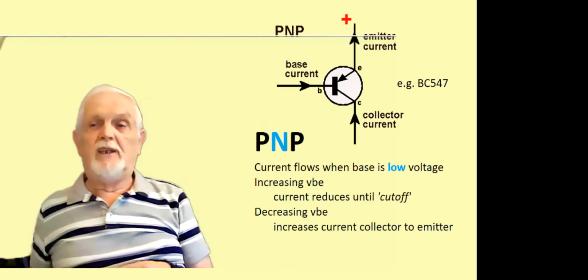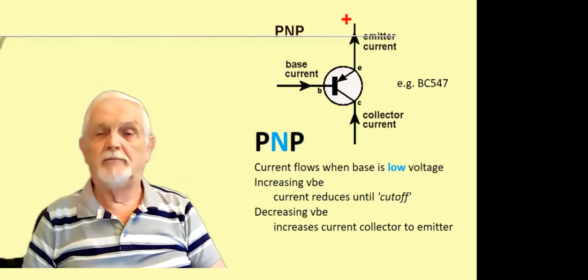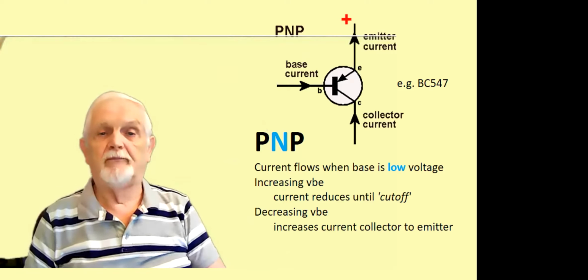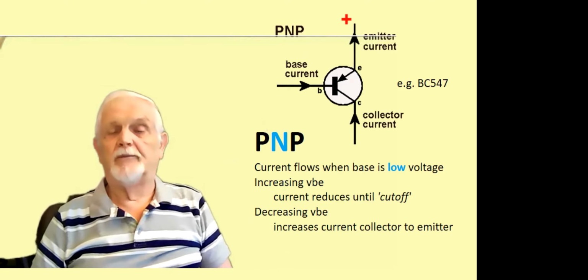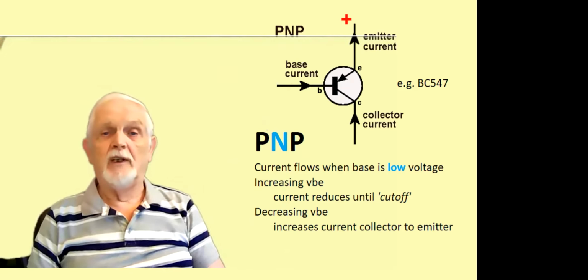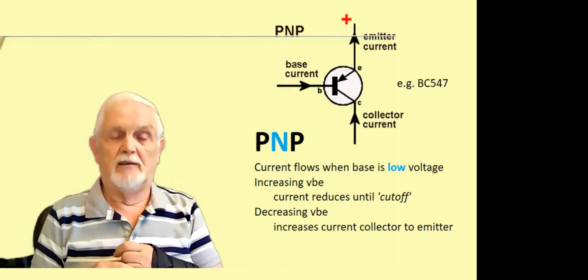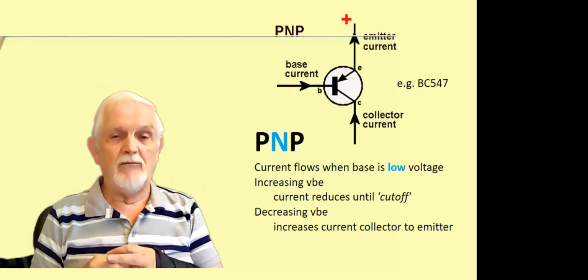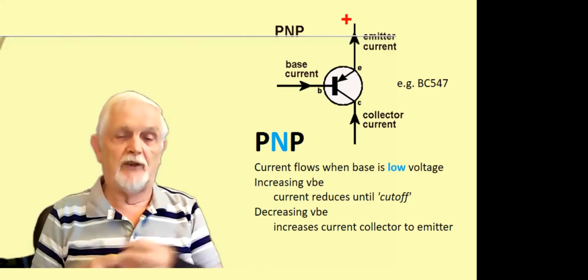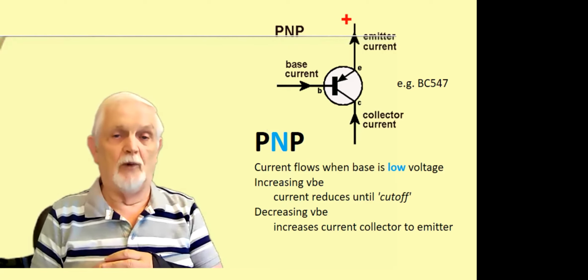Look at a PNP. A lot of them use the BC547. It's a PNP type. The arrow is pointing in, and so the current flows that way. The good way to remember it is the middle letter's N. So N means negative in this case, so a low voltage will make the current flow.